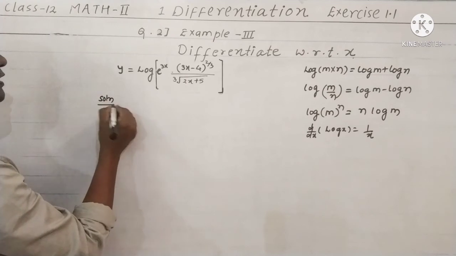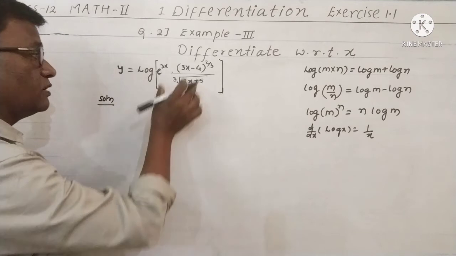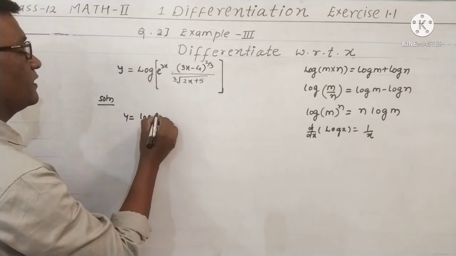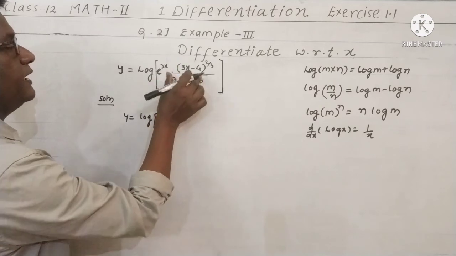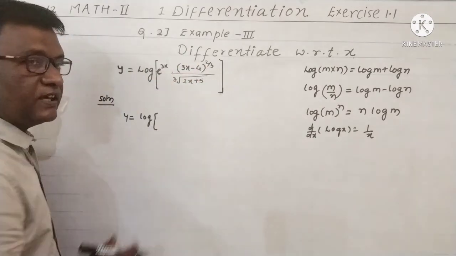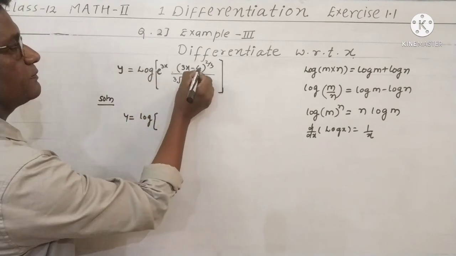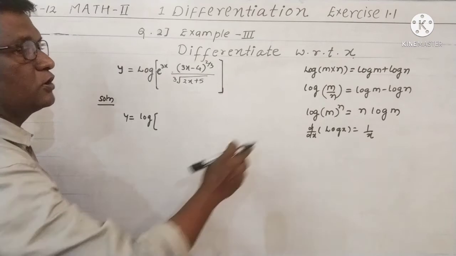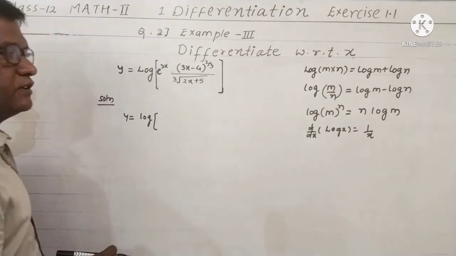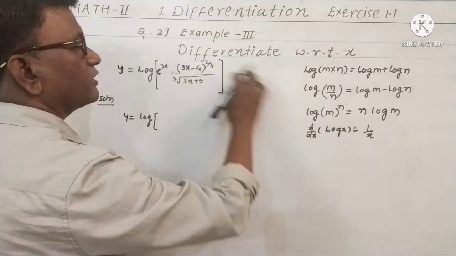First you apply this formula for this function. As here is a logarithmic function, this is considered as m and this as n. Numerator as m and this as n. And in the numerator we have here e raised to 3x into (3x minus 4) raised to 2 by 3. So you apply here m into n as log of m plus log of n. And here this is the denominator, so we apply formula m by n for this.